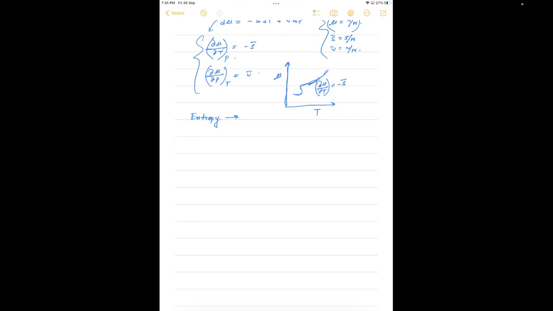So entropy is the measure of randomness or uncertainty in a system.